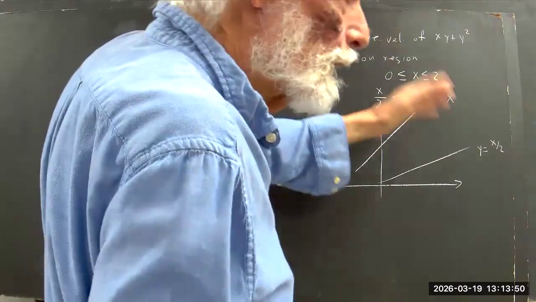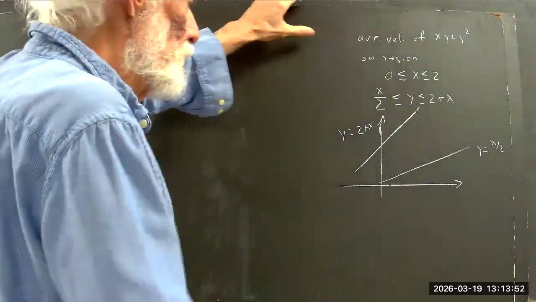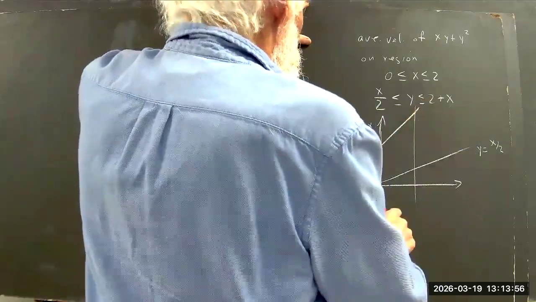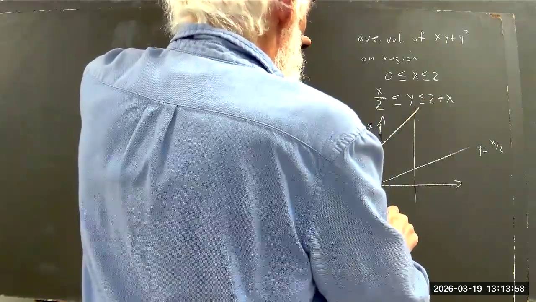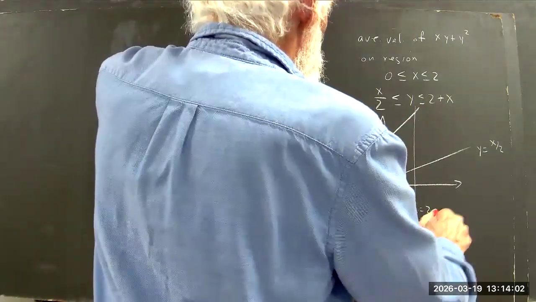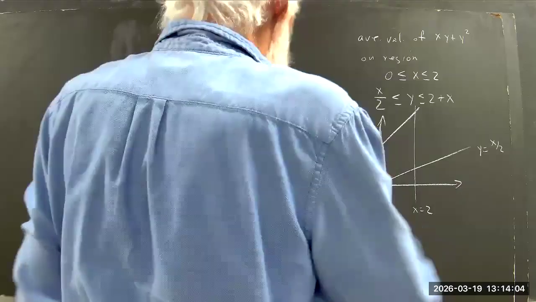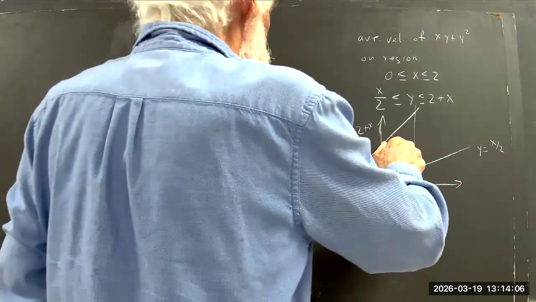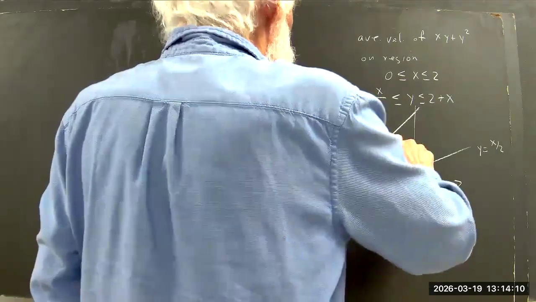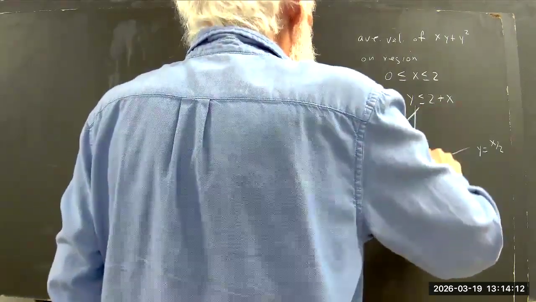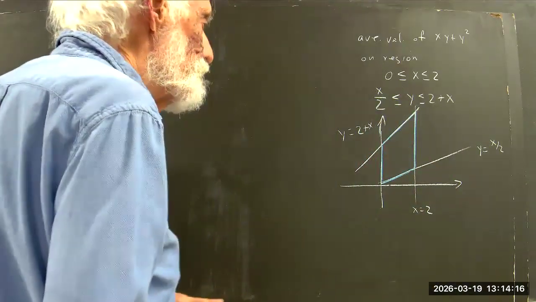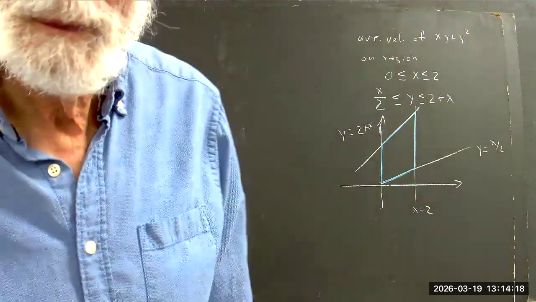It really should be steeper than that, but I didn't leave myself room to make it steeper. And here's the y-axis, and here's the line x equals 2. So here's your region, bounded by this blue thing. Okay?